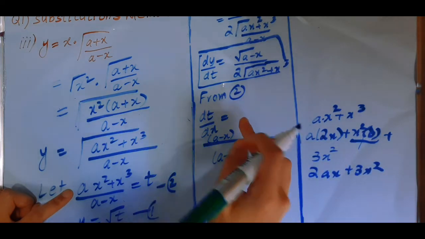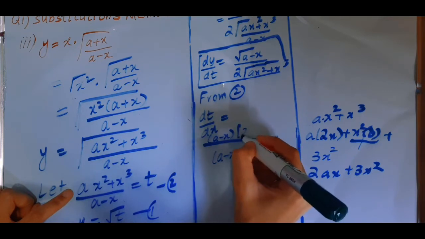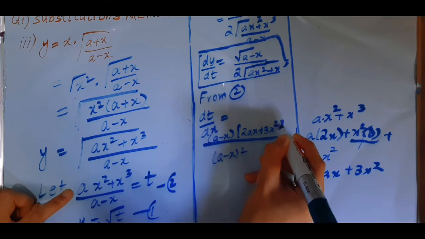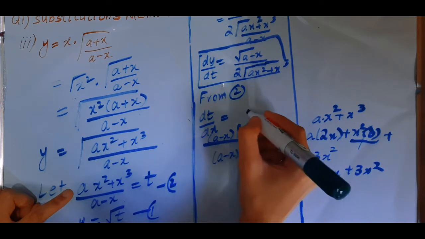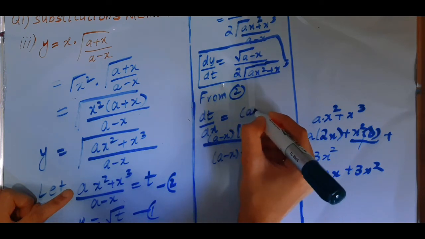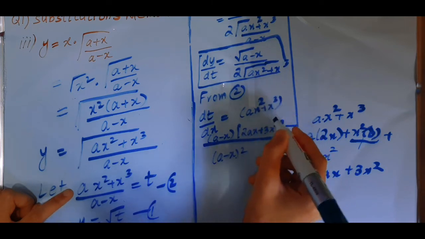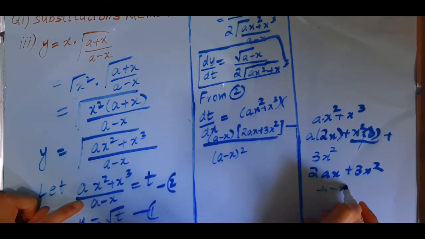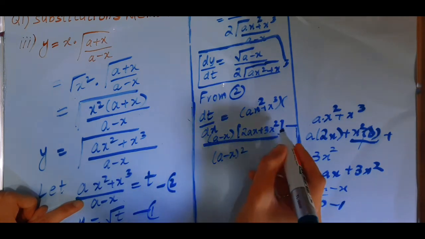So this is the derivative of the numerator. So we are left with 2ax plus 3x square minus the denominator as it is, ax square plus x cube, and derivative of denominator a minus x, derivative of a will be 0 minus 1, so it will be minus 1.